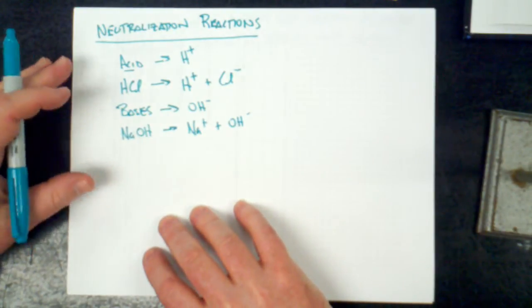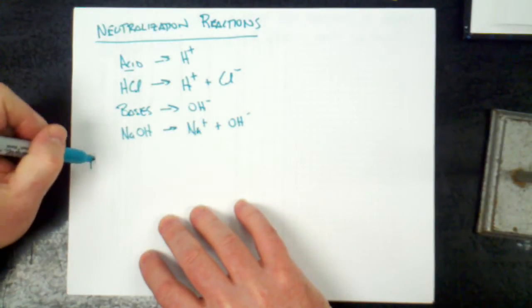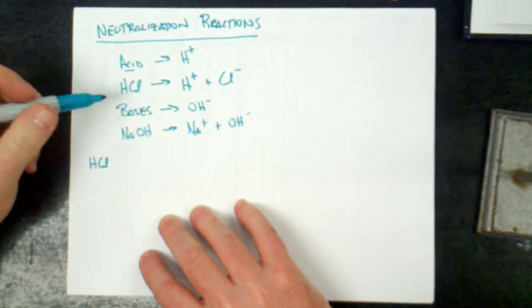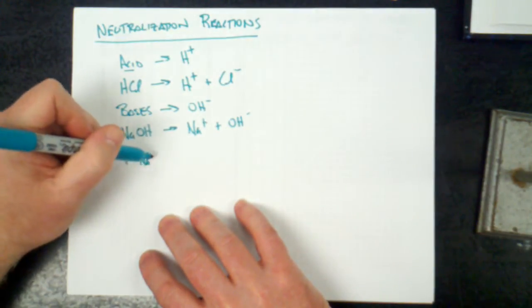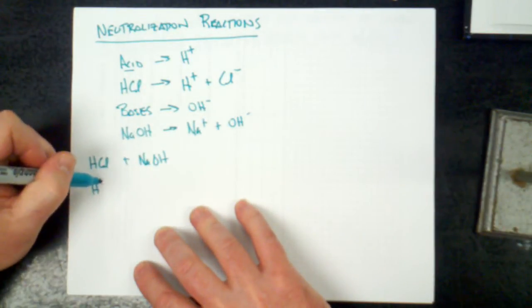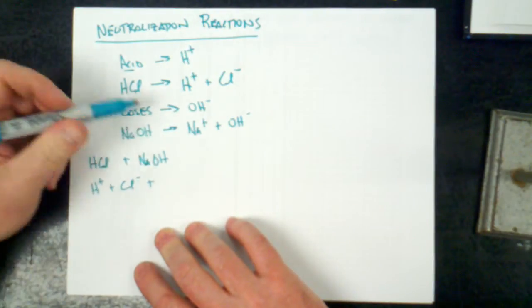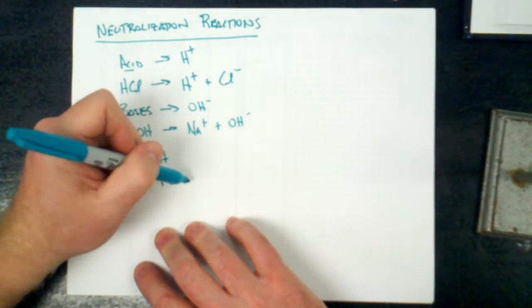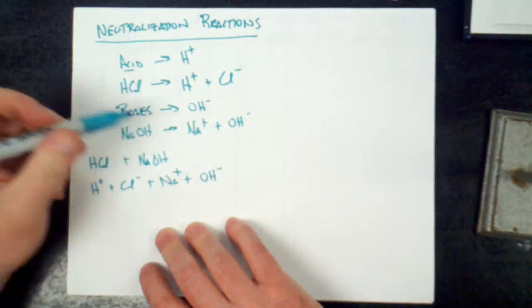So in a neutralization reaction, the hydrochloric acid and sodium hydroxide dissociate to make hydrogen ions plus chloride ions plus sodium ions and hydroxide ions.